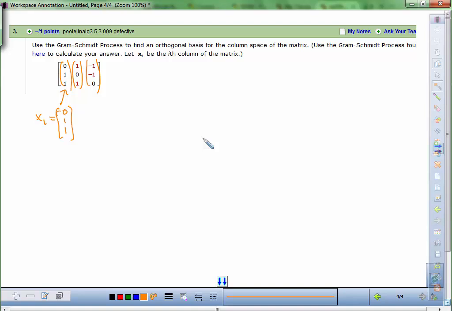So let's call our new orthogonal set of vectors Q1, Q2, and Q3.